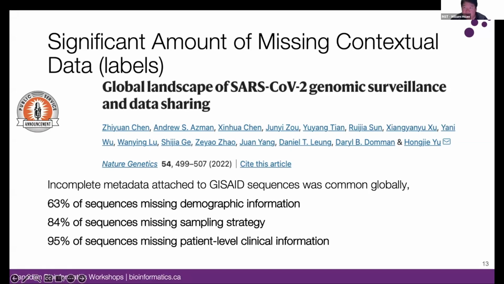And 95% of these sequences don't have patient-level clinical information, so we can't really use the data to associate sequence variations to clinical outcomes and therefore use it, for example, for treatment development or vaccine development. Similar levels of missing contextual data are also found in microbial genomic databases. This is something that we'll talk more about next week in the other workshop, in case you're taking it.